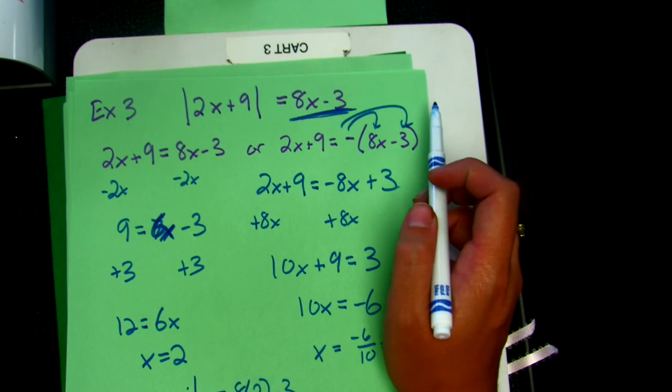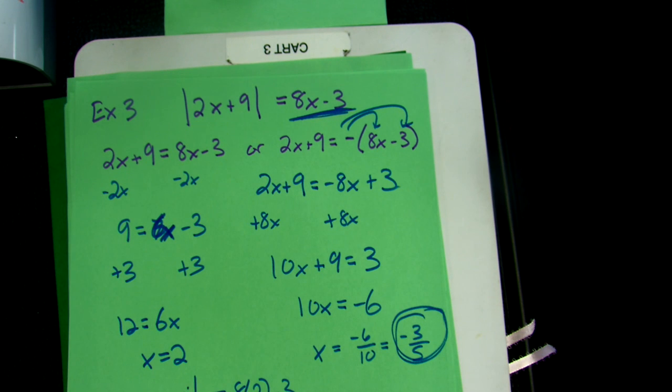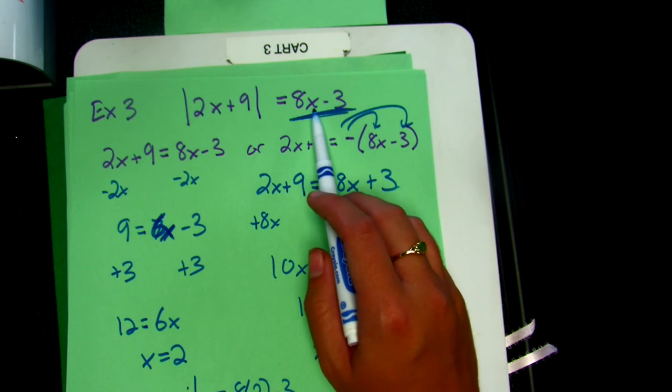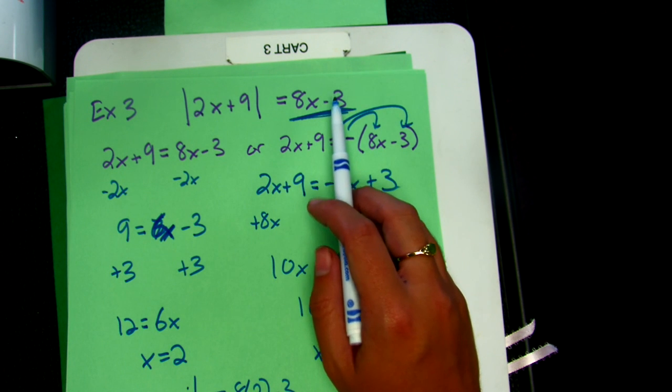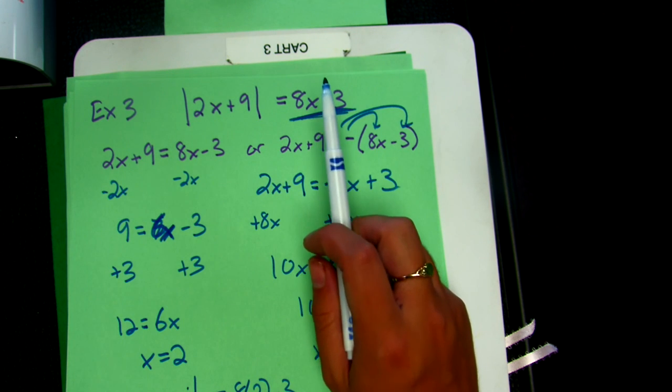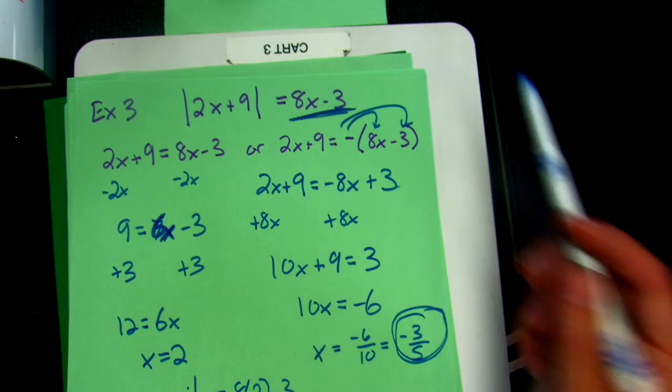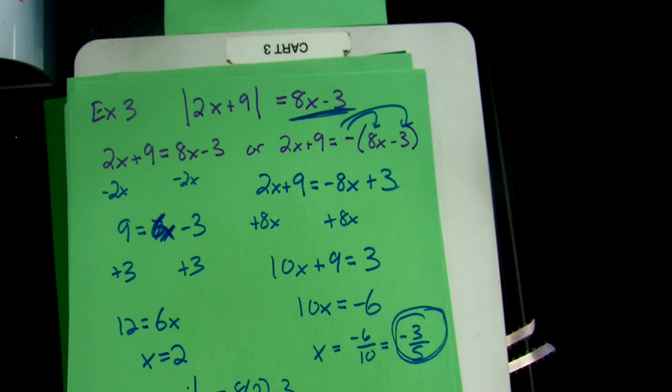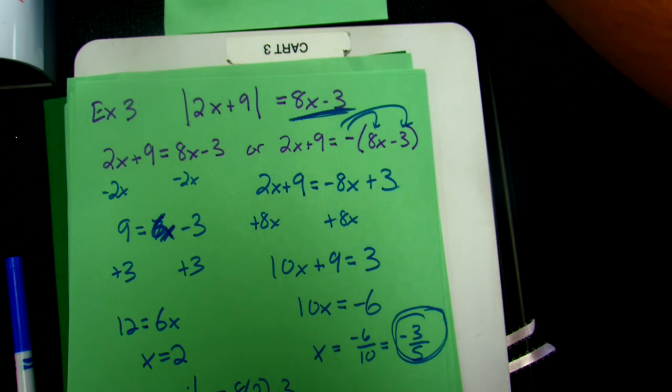And when we plug in negative 3 fifths, we get a negative number. Absolute value will never equal a negative number. So the easy way to know if it's extraneous or not is, once you have your solution, when you plug it back in the right hand side, does it make negative? If it makes negative, you do not have a solution. You have to check the other answer to see if it will work.